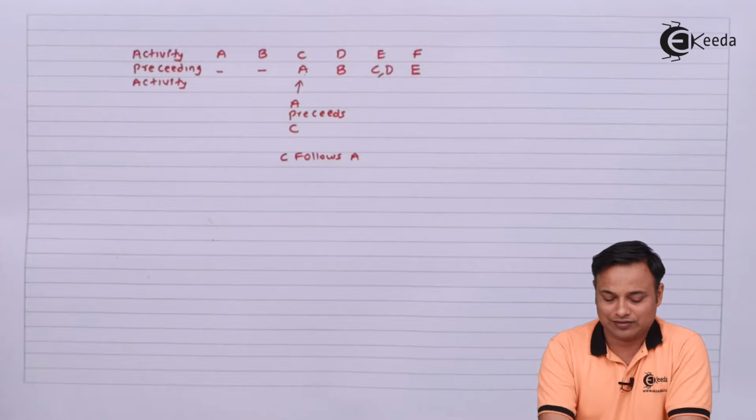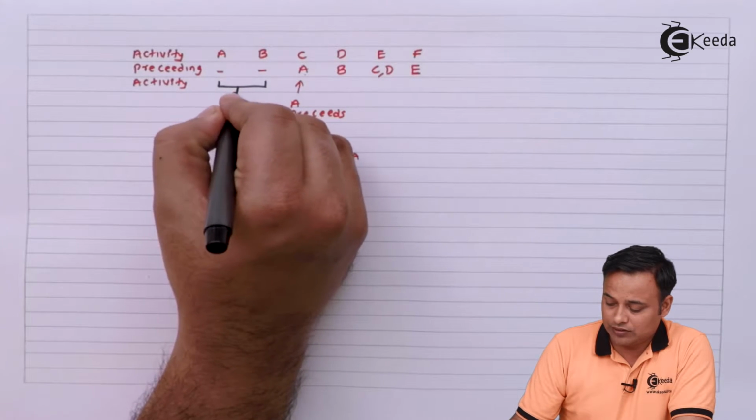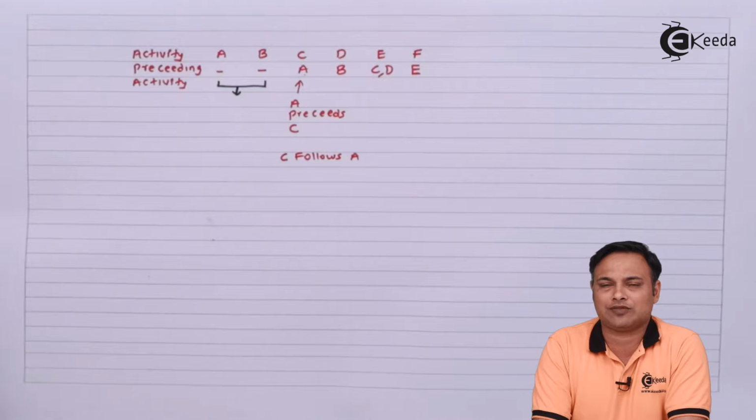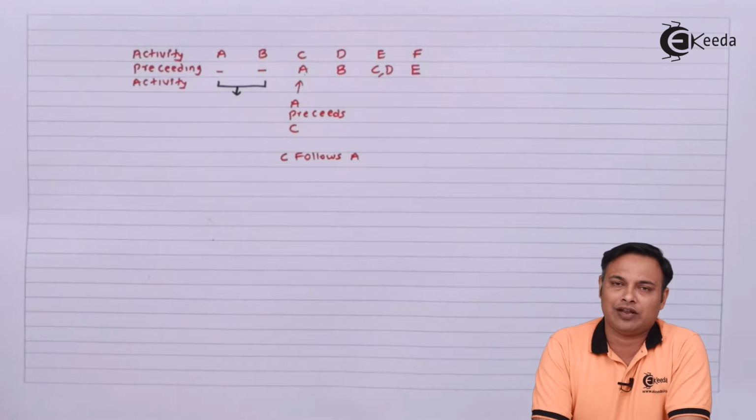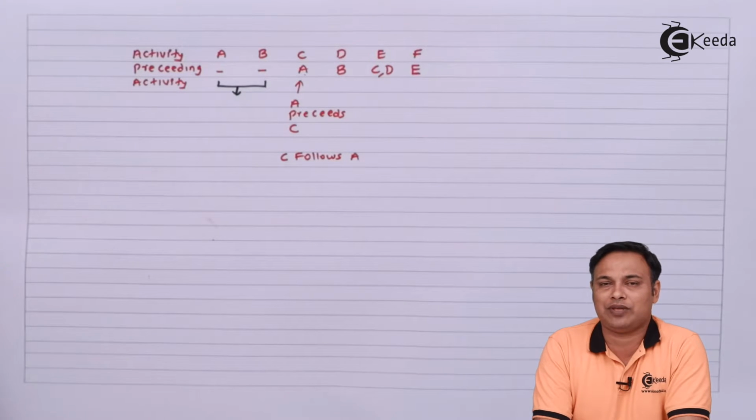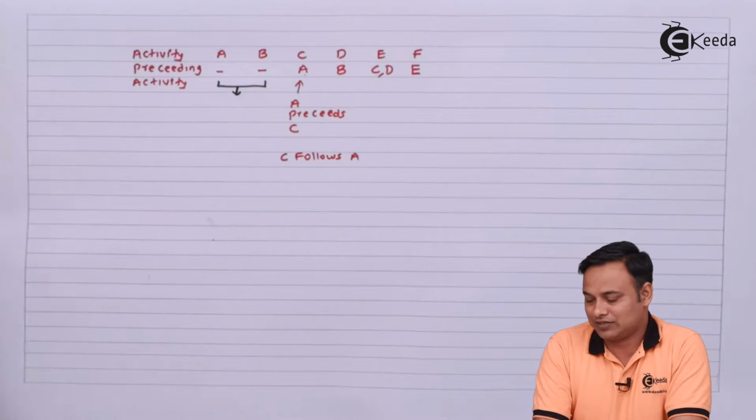In the same manner, since there are no activities before A and B, we will conclude that A and B are the initial activities.